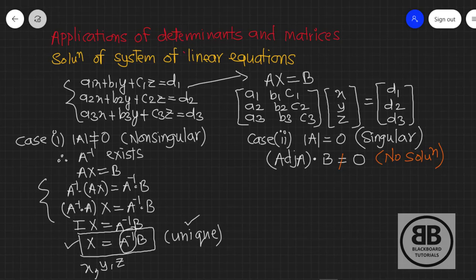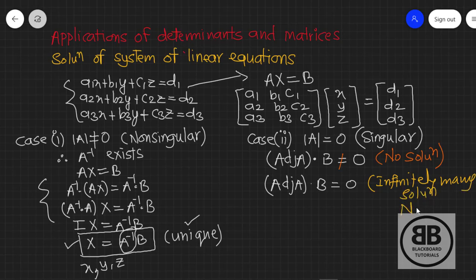And if it is equal to the 0 matrix, then the system may have infinitely many solutions or no solution. There are two possibilities when this product is equal to the 0 matrix.